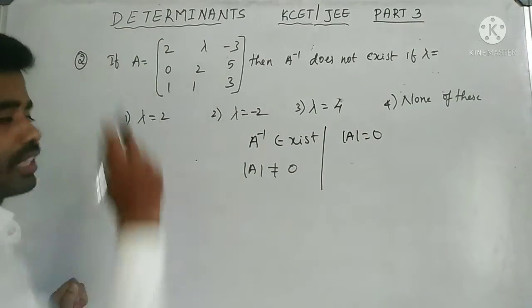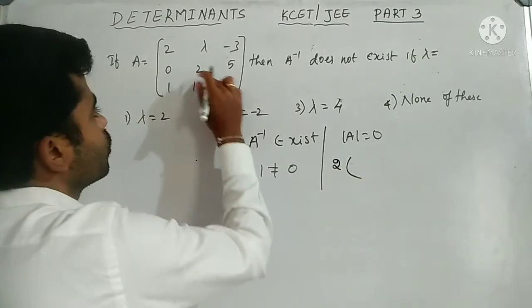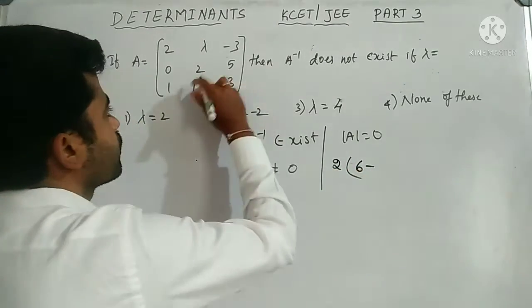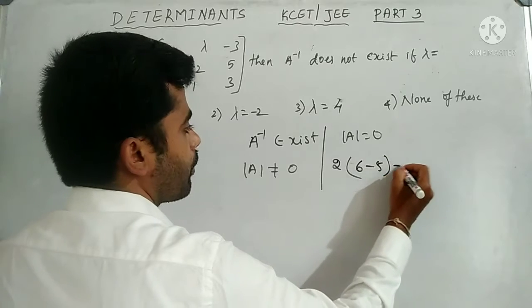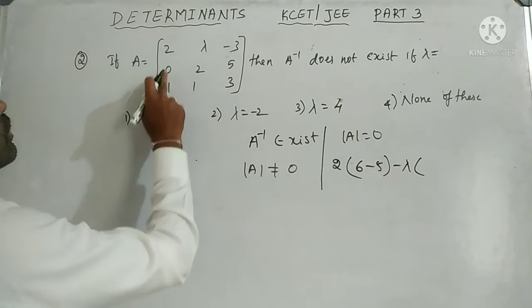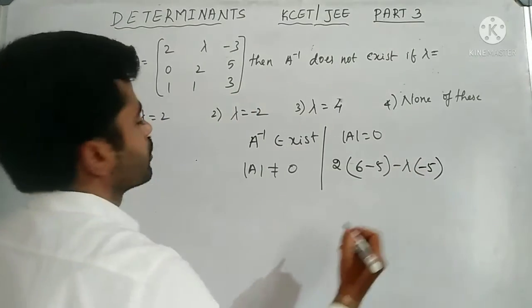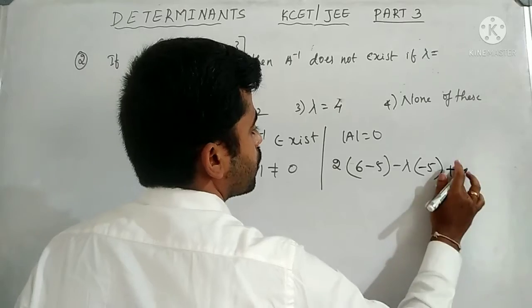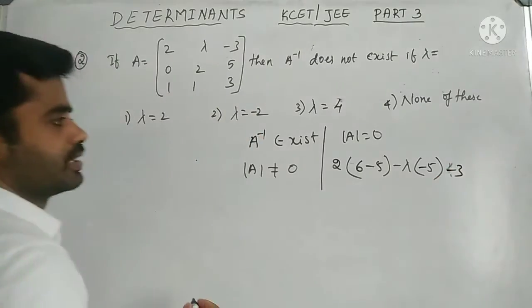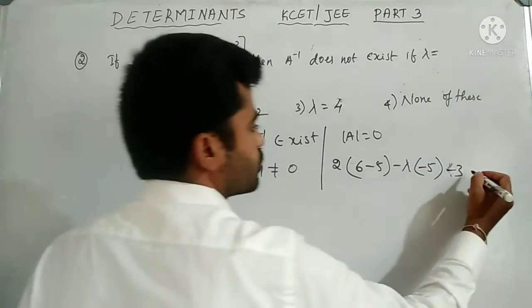What is the determinant of A? Let me find it: 2 into (2 times 3 is 6 minus 5 times 1 is 5) minus lambda into (0 minus 5) plus minus 3 into (0 minus 2).